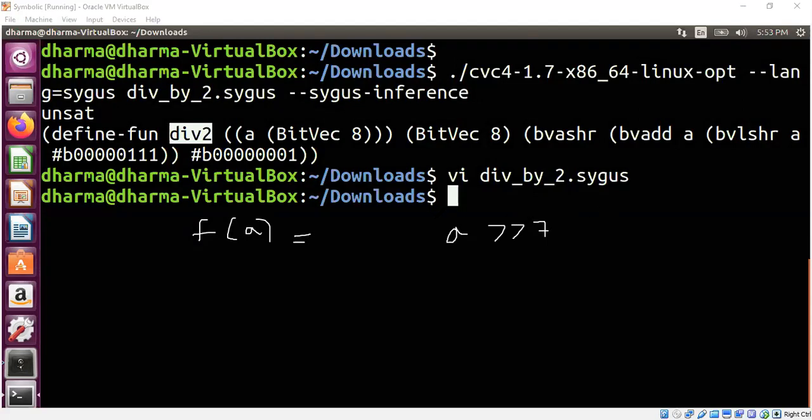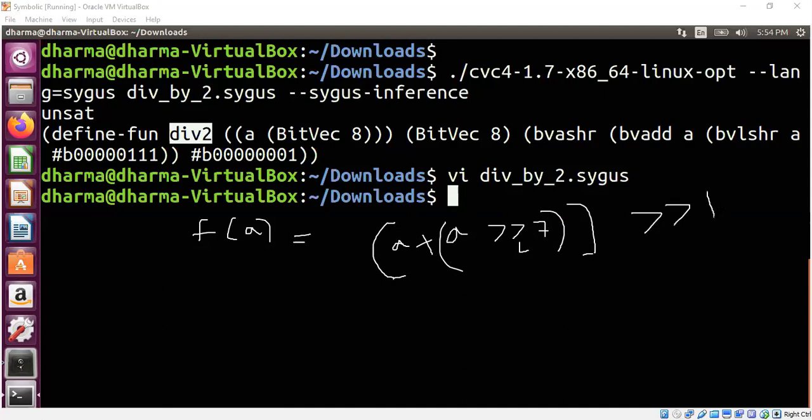We are right shifting it by 7, and then we are adding a to it. So a gets added to it, and then we are doing a shift right, a logical one, by 1 position. So the whole thing gets shifted right by 1 position. This is the synthesized function from the synthesizer.